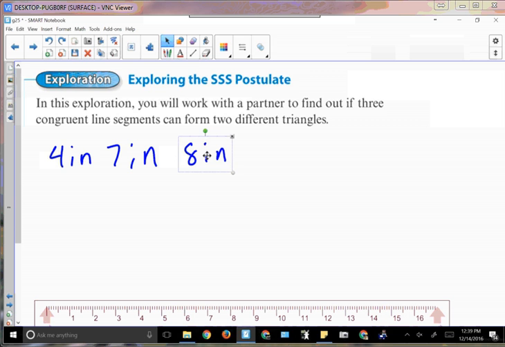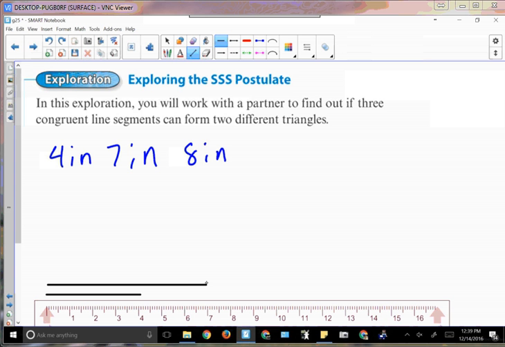All right, so you've had a little time to work on that. I suppose I can make my own here. Let's see. I need one that's 4. There's one that's 4. Then I need one that's 7, right? I go up to 7. And then I need one that's 8, correct? So, I got to turn these into some kind of triangle, right?